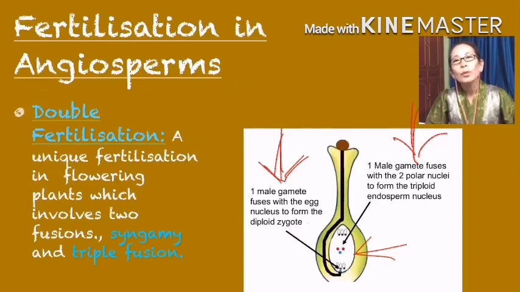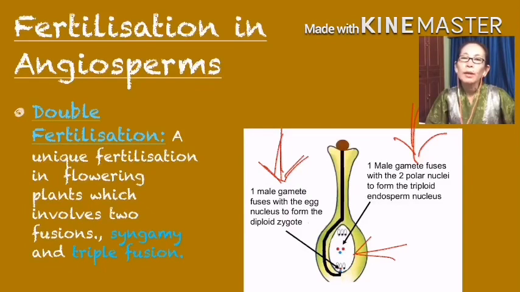Once the pollen tube reaches close to the micropylar end, the generative cell in the pollen grain divides and gives rise to 2 male gametes. One of the male gametes fuses with the egg cell, or the female gamete, and forms a diploid zygote. And this is the actual fertilization known as syngamy.